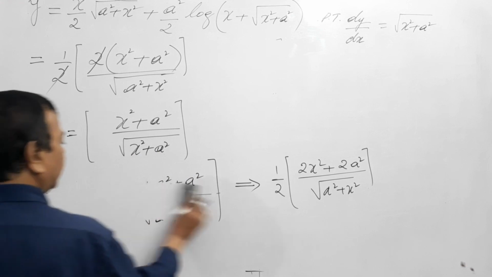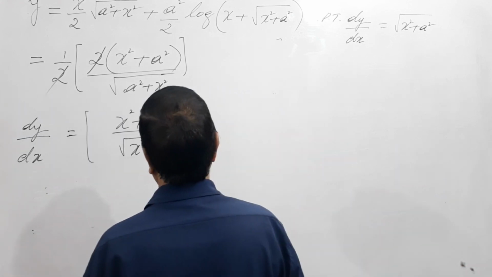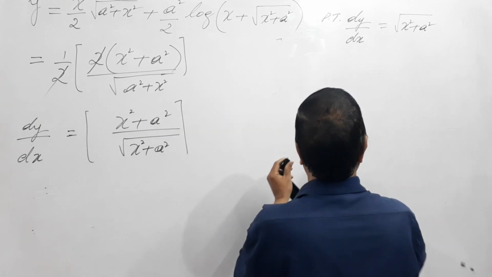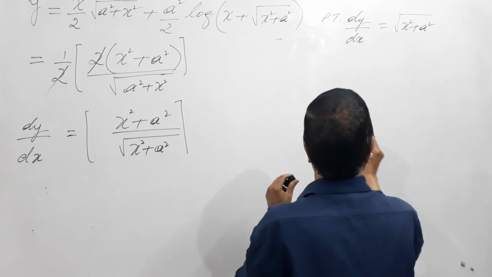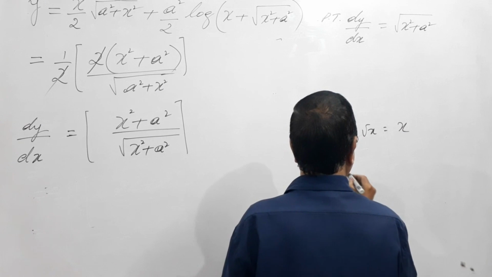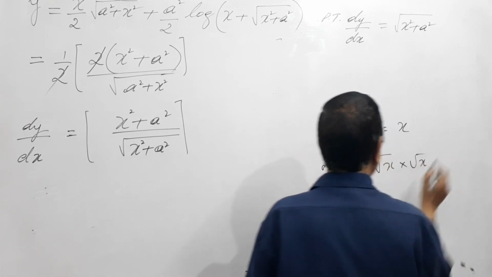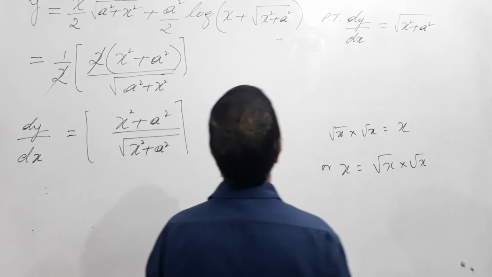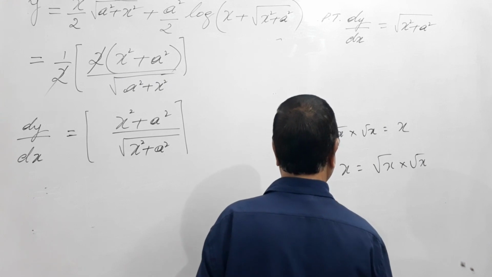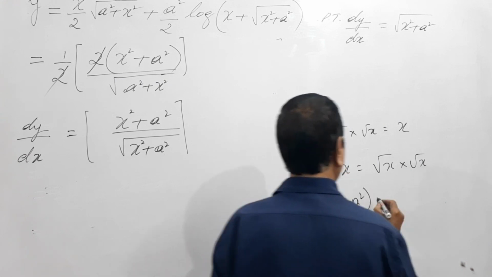So I rub this. Now we know that root x into root x is nothing but x, or x can be written as root x into root x. Likewise, we have x square plus a square. Can I write it like this?